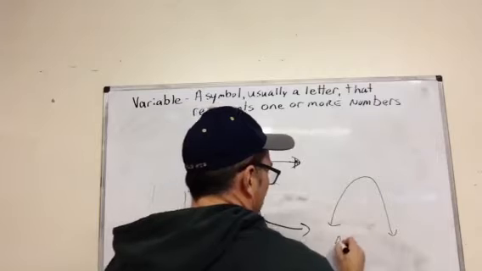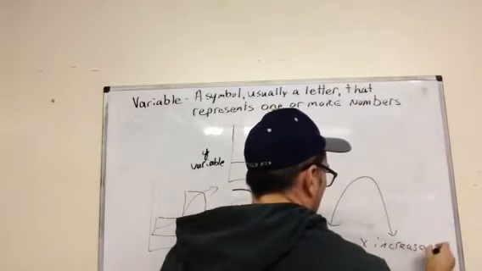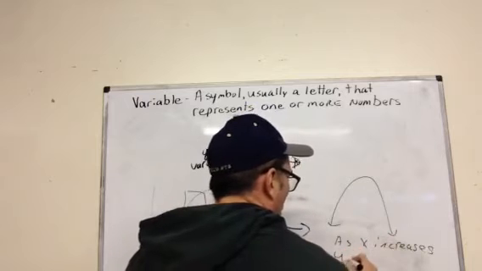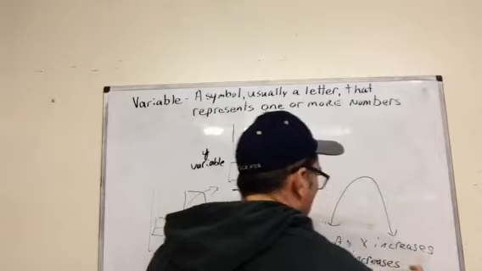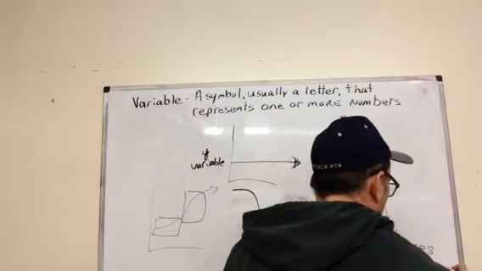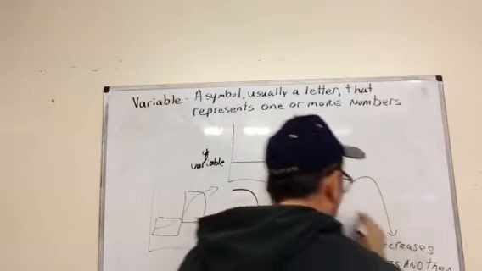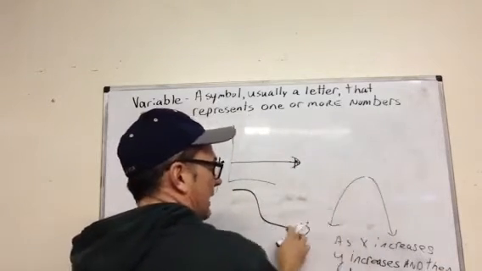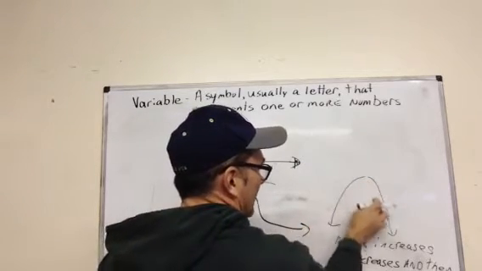As x increases, you can describe this as y increases and then decreases. So as x increases going left to right, the y value increases and then it decreases.